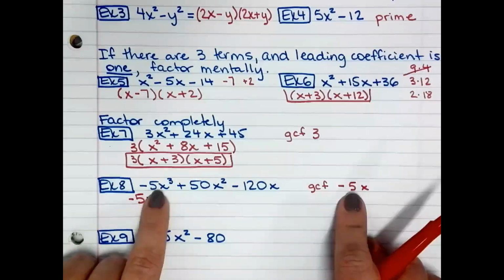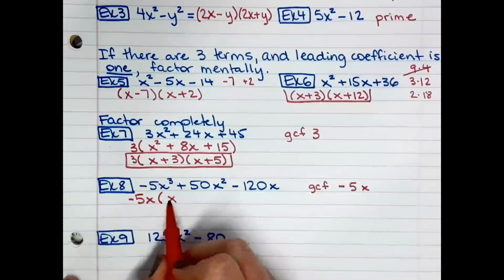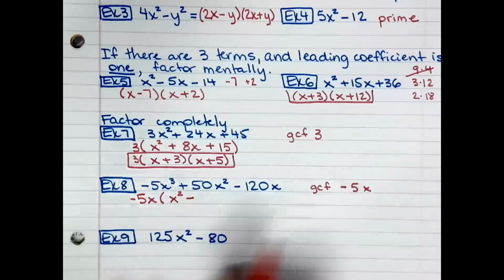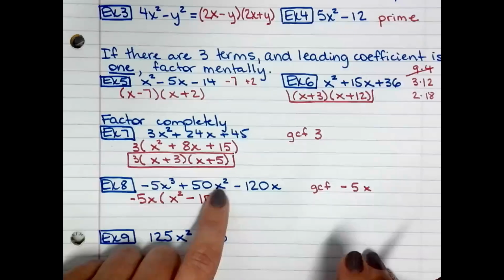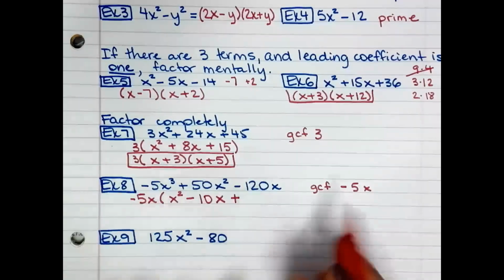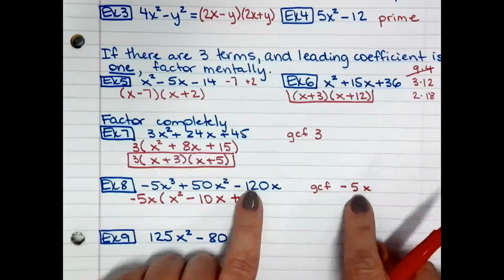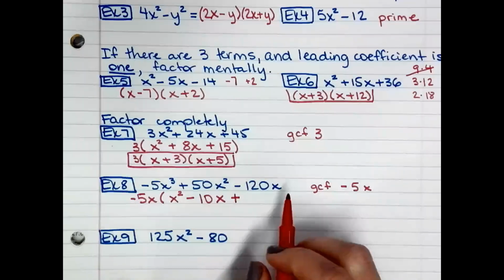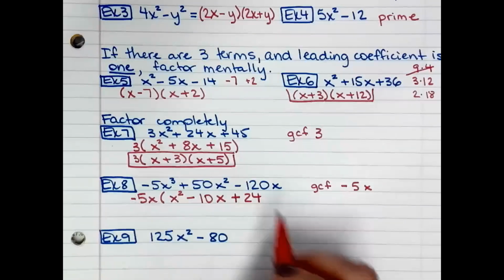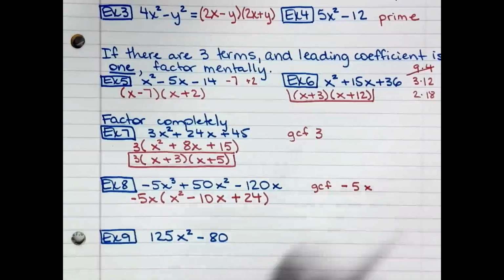This divided by this. So I have just simply x squared. 50 divided by negative 5, I have negative 10. X squared divided by x, I have x. 120 divided by 5, I have 24. Okay, and x divided by x is 1.